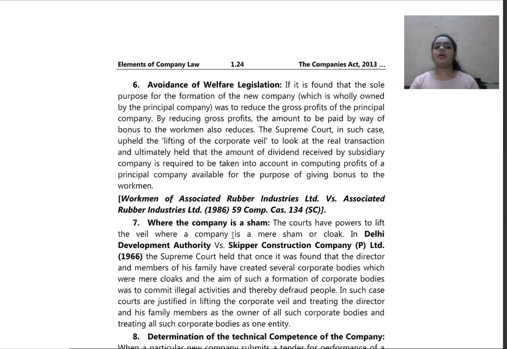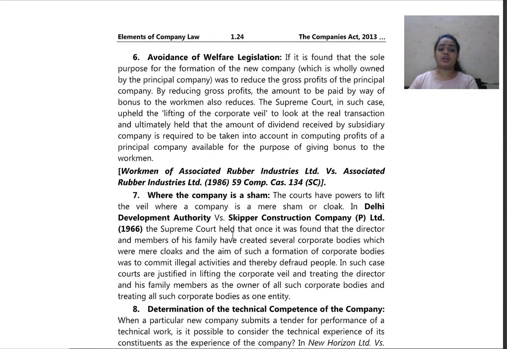Next is avoidance of welfare legislation. Now what does this mean? If it is found that the sole purpose for the formation of a new company, which is wholly owned by the principal company, was to reduce the gross profit of the principal company, then by reducing gross profits, the amount to be paid by way of bonus to the workmen also reduces.